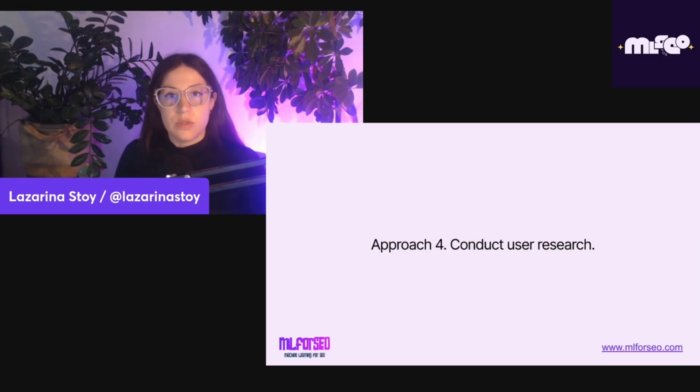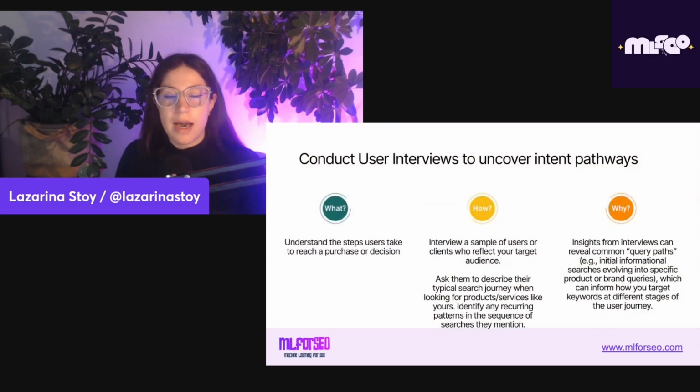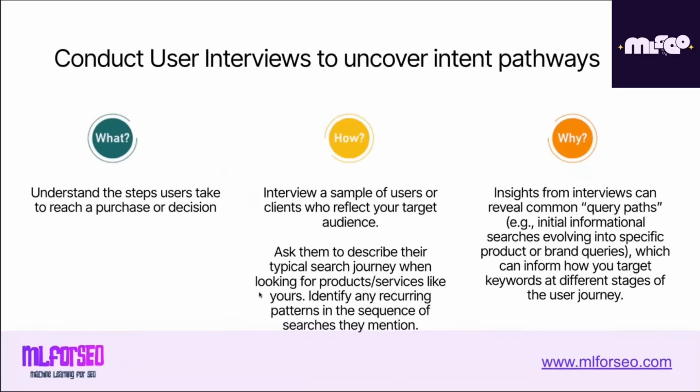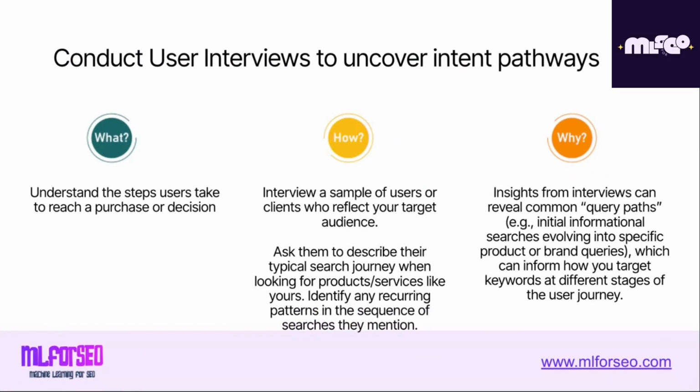Also conduct user research. Here I have several different things that I can recommend. The first one is doing user interviews to uncover intent pathways. You need to understand the steps that users take to reach a purchase decision, and how you might go about doing this is to interview a sample of users or clients who reflect your target audience and ask them to describe their typical search journey when they're looking for products or services like yours.